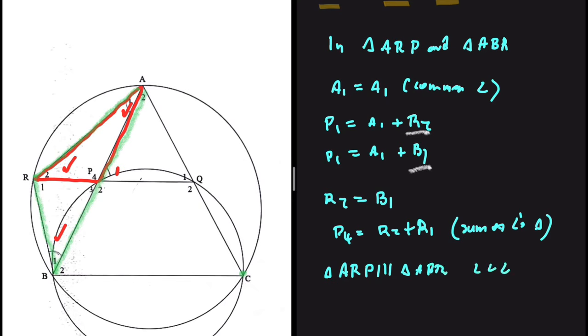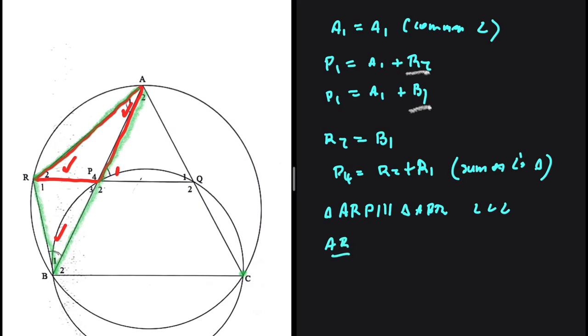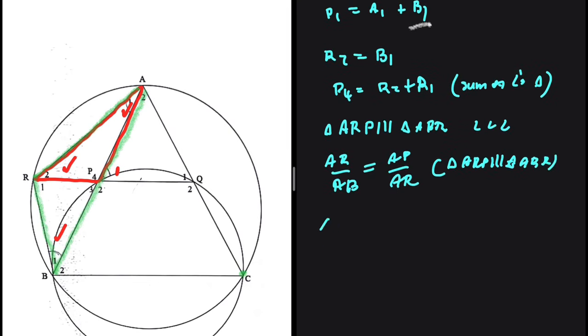Angle, angle, angle. AR divided by AB is equal to AP divided by AR. This is because triangle ARP is similar to triangle ABR. If we cross multiply, you're going to get AR squared being equal to AB multiplied by AP.